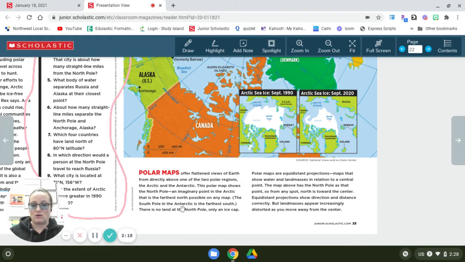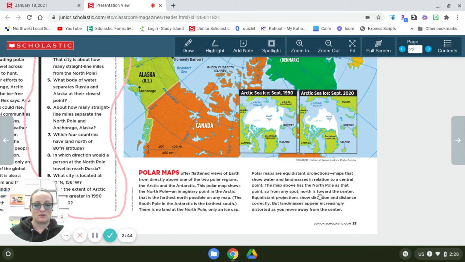The South Pole in the Antarctic is the farthest south. There is no land at the North Pole, only an ice cap. Polar maps are equidistant projections, maps that show water and land masses in relation to a central point. The map above has the North Pole as that point.